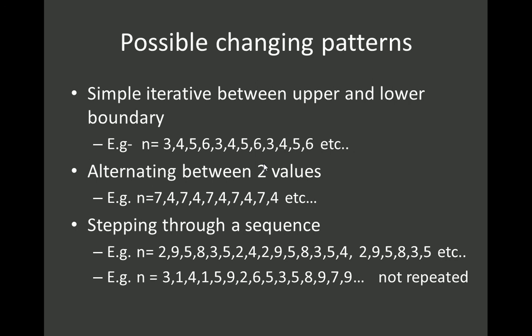The next thing would be that we have a pre-decided sequence that we shift through. So in this example here, the first character will be shifted by 2, next character by 9, next character by 5, next character by 8, next character by 3, the next character by 5, and then I start the pattern again.